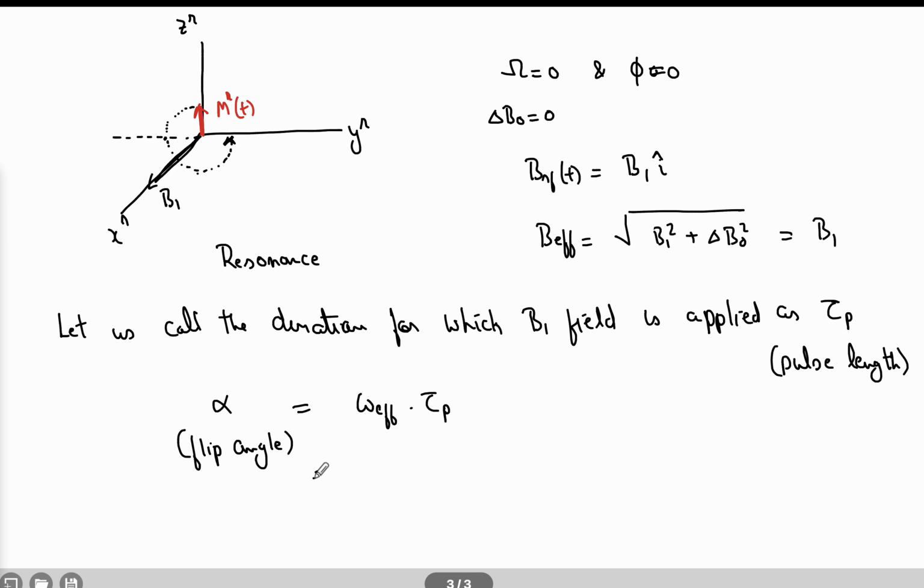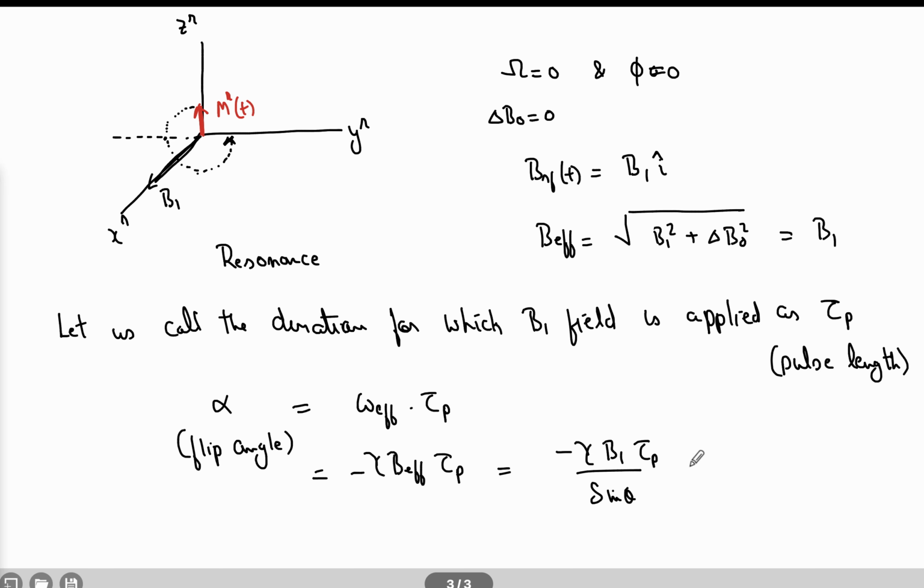Now, what is omega effective? Omega effective can be written as negative gamma B effective tau P, right? And this is nothing but B effective is B1 by sine theta, we had seen that, minus gamma B1 tau P by sine theta.